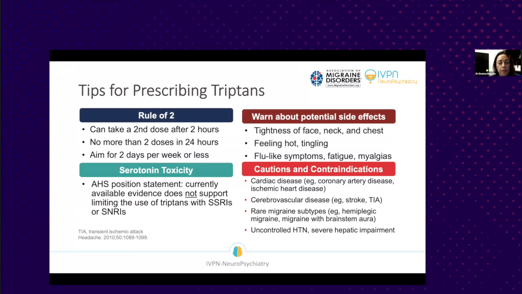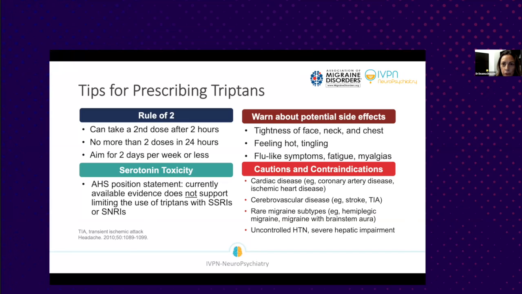Now, with regard to Triptans, as I briefly mentioned, they're available as a nasal spray, dispersible tablet, or tablets that are swallowed whole. But typically when you're prescribing these, there's a rule of two. No matter what the formulation, you can take a second dose if needed after the first dose, but there needs to be a 2-hour time frame between the first and the second dose.